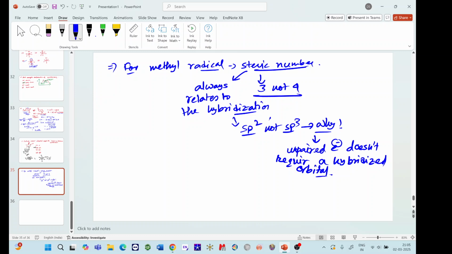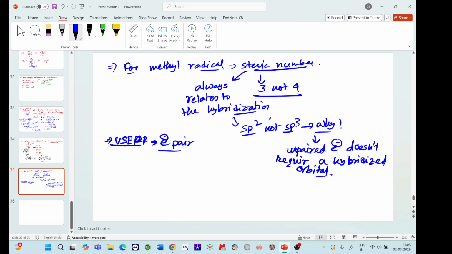VSEPR is based on electron pairs, because a lone single electron doesn't have that much repelling capacity.